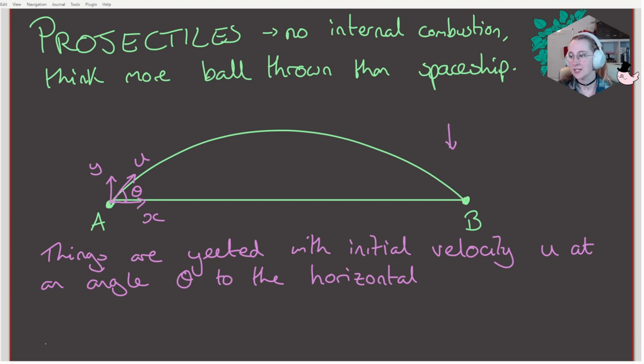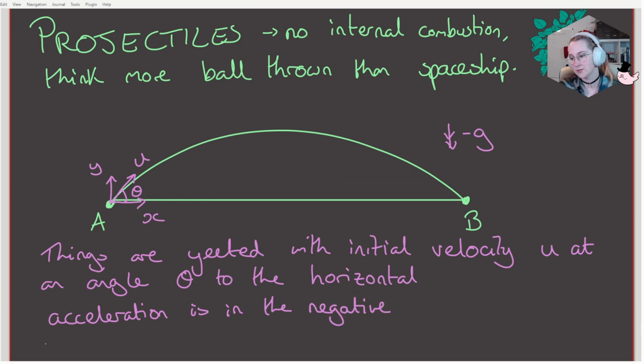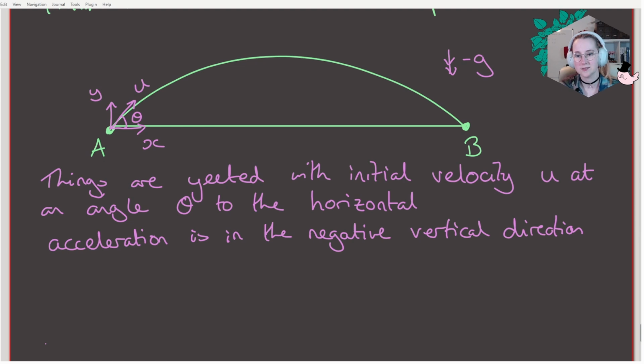We define gravity. So acceleration is working downwards. So acceleration is in the negative vertical direction, with a as minus g.